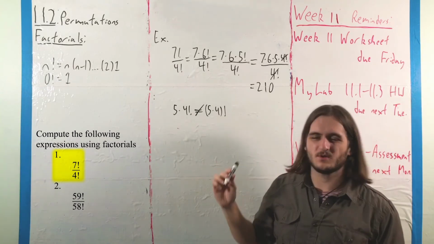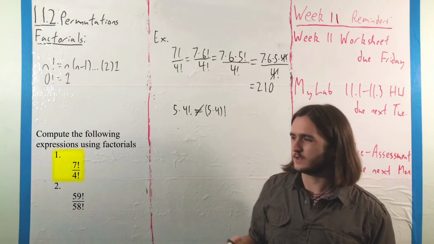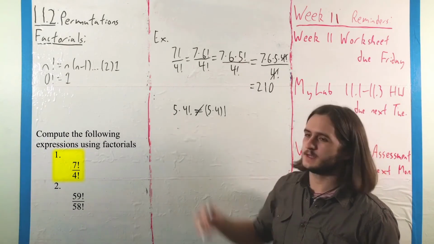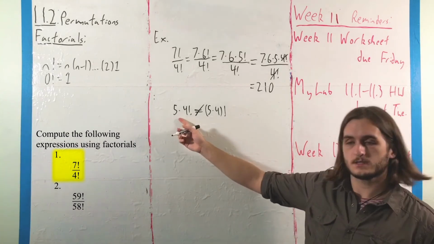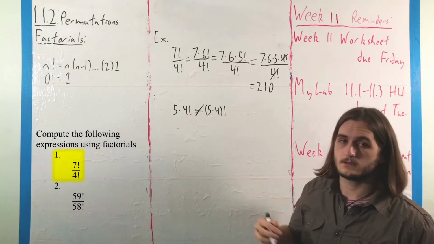And this relationship only holds in some very, very special cases. The vast majority of the time, the left side is not equal to the right side, and in fact, this is much smaller than that.